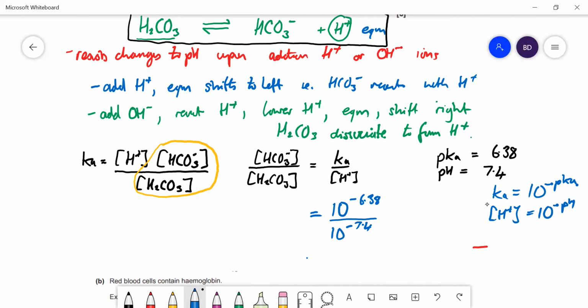Put those numbers into your calculator and you will get a value of 10.47 as the ratio, approximately equal to 10.5. So give it to 3 sig figs, it is 10.5. This ratio is what the question is asking you to find out.